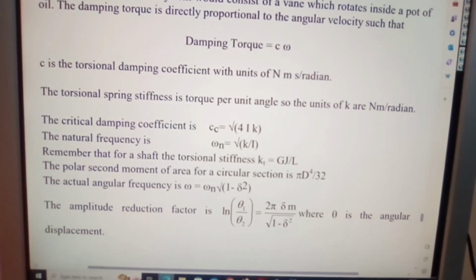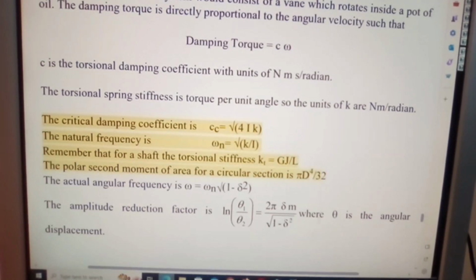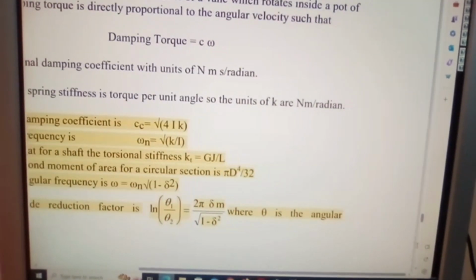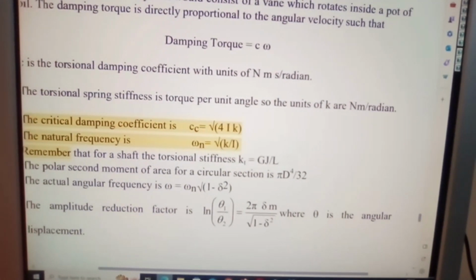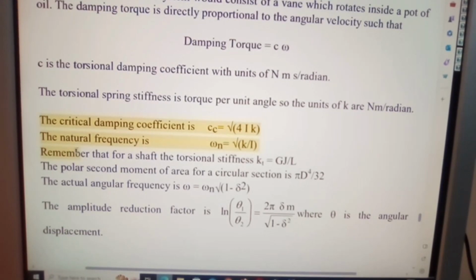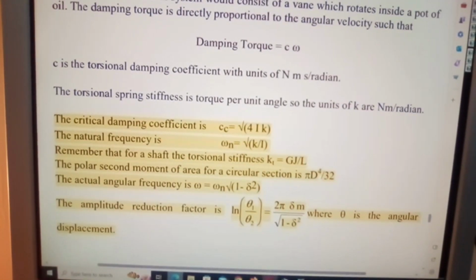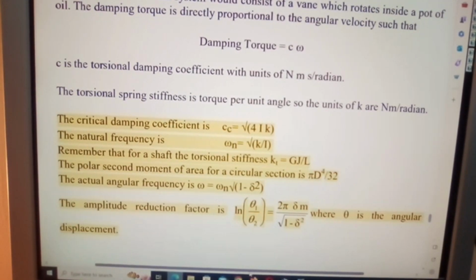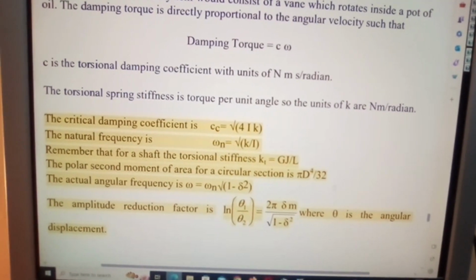Let me just try that and see if I can highlight it. I've highlighted it there. So one second, bear with me. Let me see if I can.